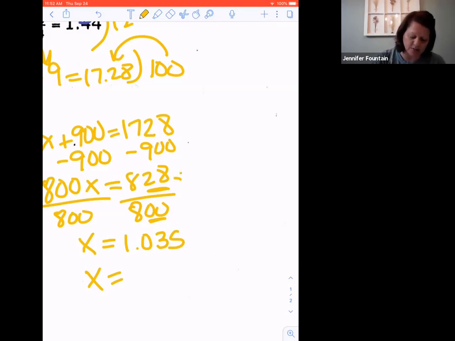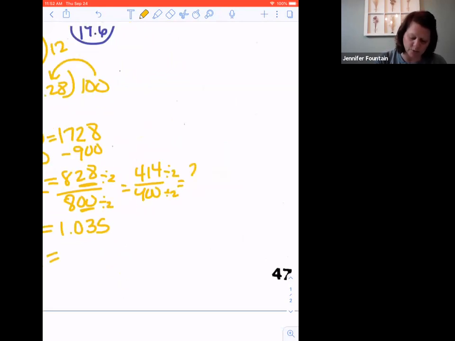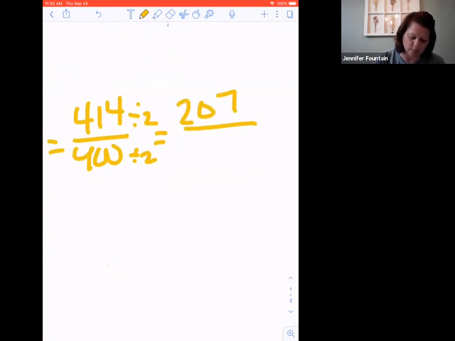So 828 divided by 2 and 800 divided by 2. So 828 divided by 2 would be 414 over 800 divided by 2 would be 400. Again, I can divide by 2, divide by 2. 414 divided by 2 is going to be 207. 400 divided by 2 is going to be 200.